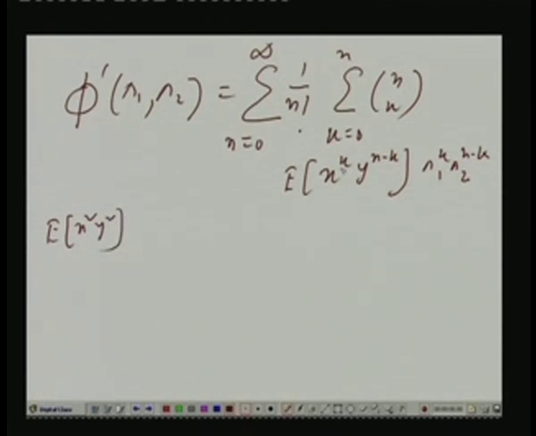That means k should be 2, and n minus k should be 2, that is n minus 2 should be 2. So, n should be equal to 4. So, in this summation, from the outer summation I pick up the particular case where n equal to 4, and for n equal to 4 we consider this binomial series.